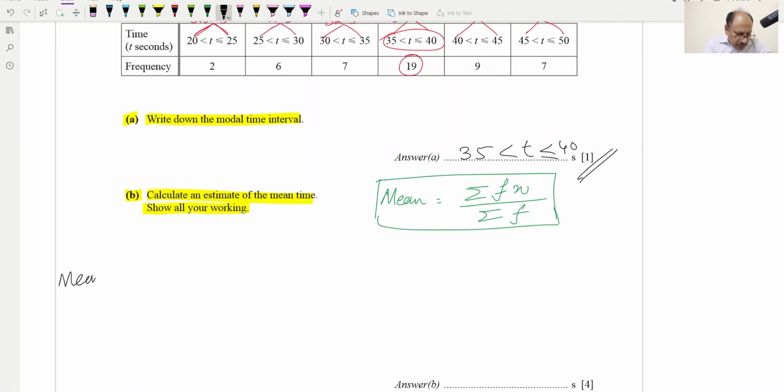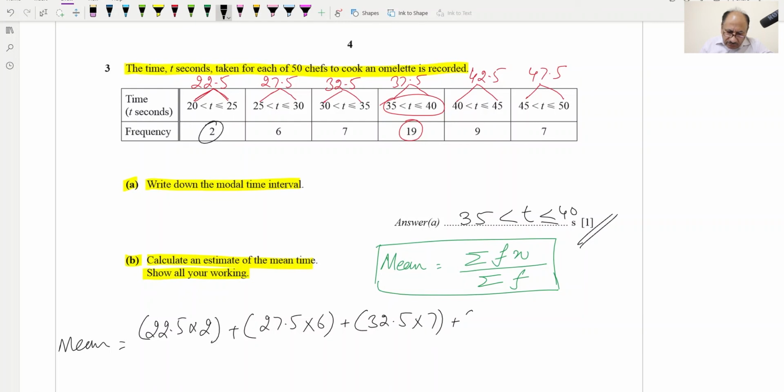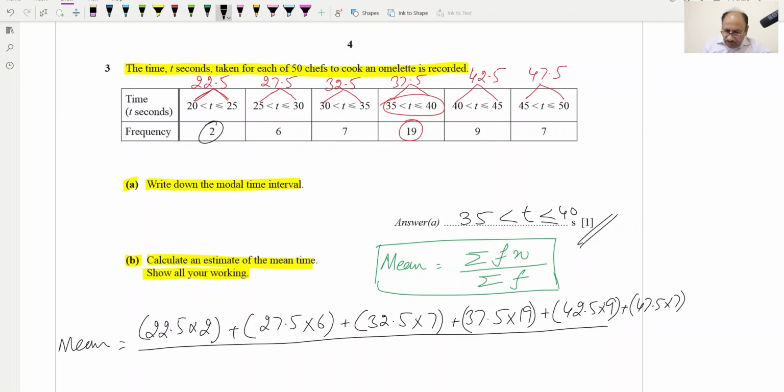So we can write mean value is equal to, first value will be 22.5 multiplied by this frequency which is 2, and we'll put in brackets, plus this second value will be 27.5 multiplied by 6, plus next value will be 32.5 multiplied by 7, and plus 37.5 multiplied by 19, plus 42.5 multiplied by 9, and plus this will be 47.5 multiplied by 7, and this will be divided by the sum of frequencies which they are telling us is 50, so this will be divided by 50.